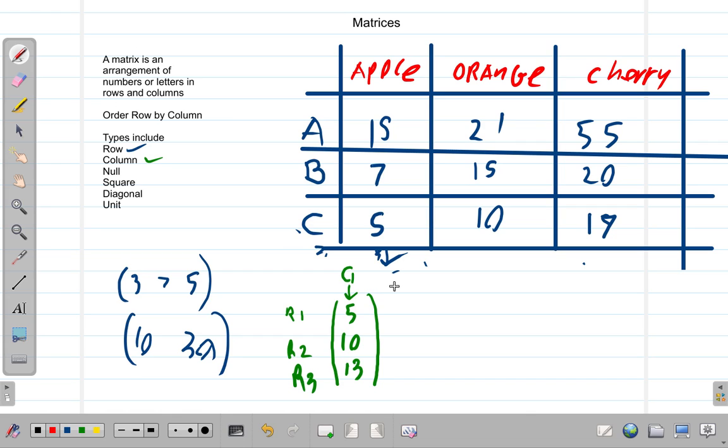With matrices, you say each of these is an element. You have 5 as an element, 10 as an element, 13 as another element, 7 is an element in this, and so on and so forth. So a null matrix might look like this, all zeros. It might look like this. All right? So what you have are zeros in that matrix.